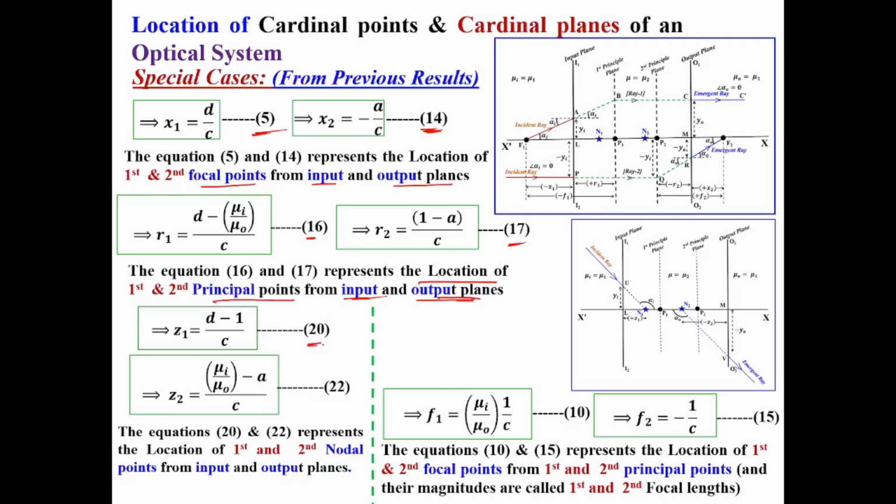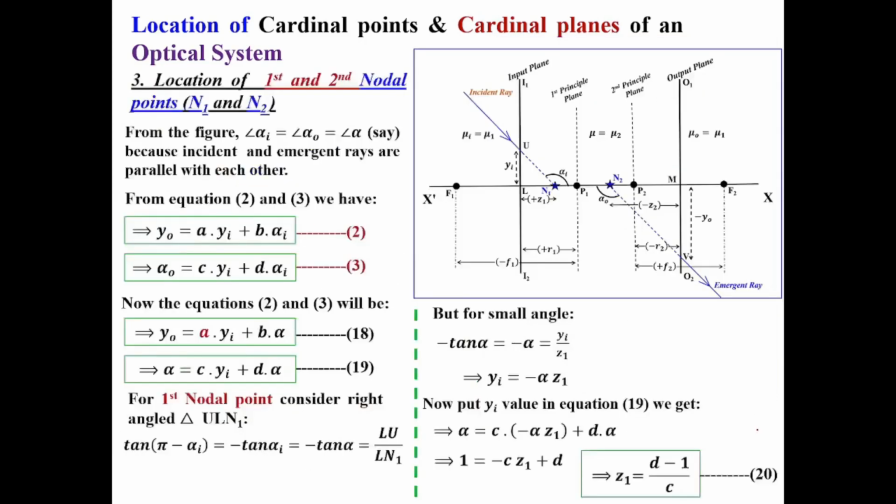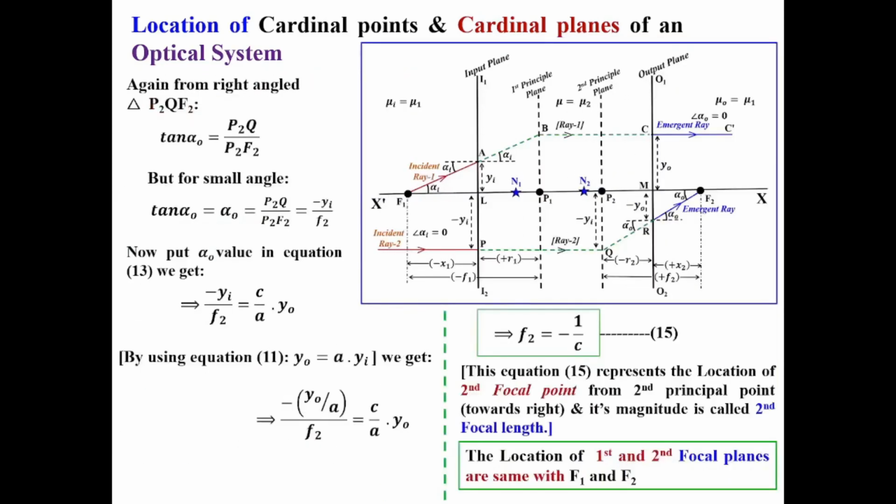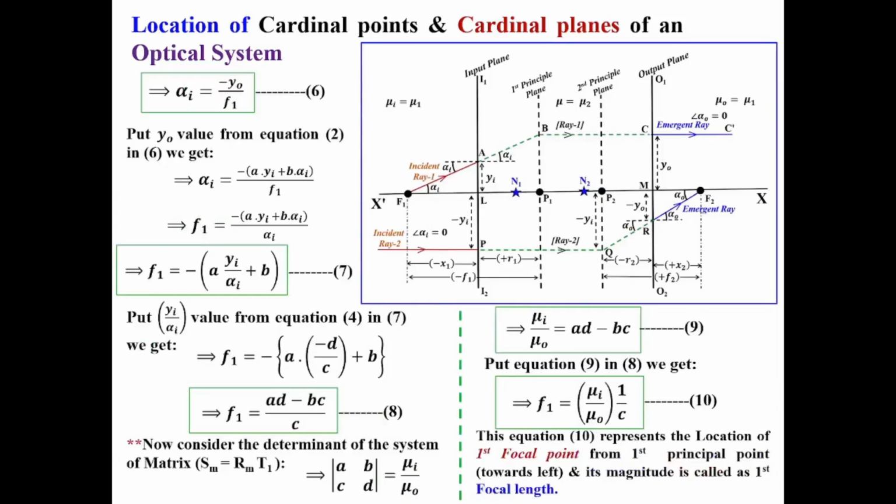Then equation number 20 and 22, these two equations represent the location of first and second nodal points from input and output planes. Then considering equation number 10 and 15, here 15 is your location of second focal point from second principal point, and equation number 10 represents the location of first focal point from first principal point towards left.